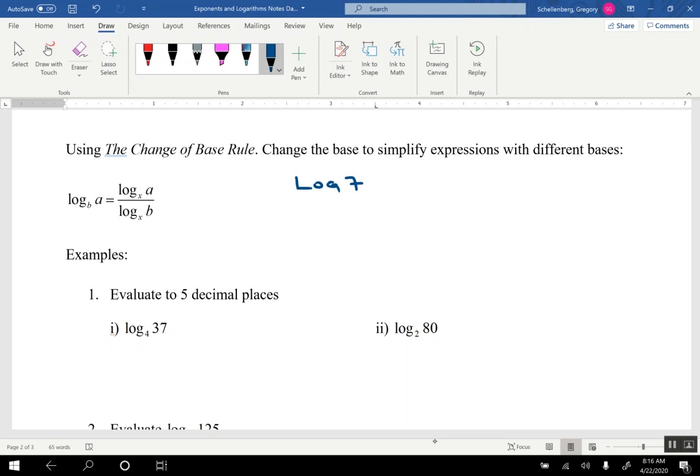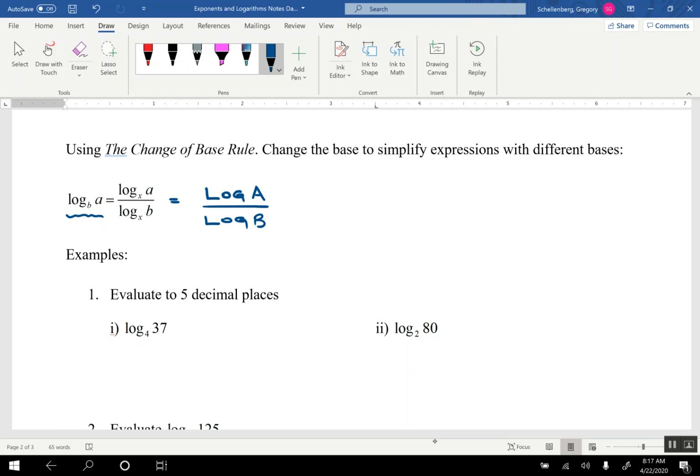So if we've got log base b of a, we could rewrite that as just the log of the argument, so the log of a, divided by the log of the base, which is the log of b.